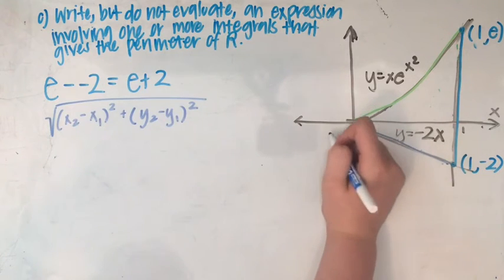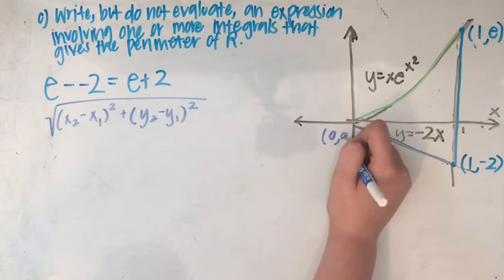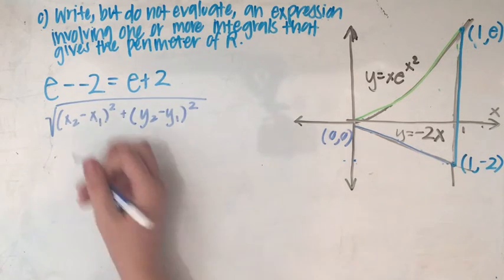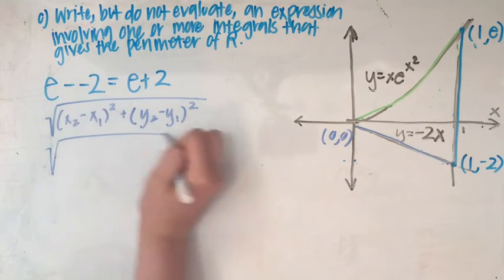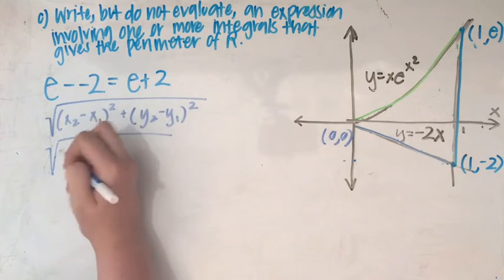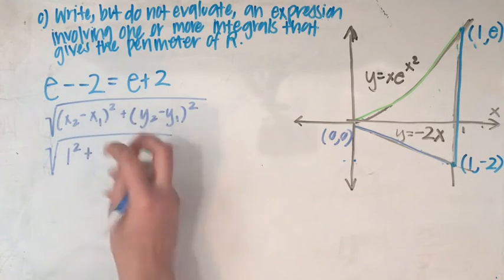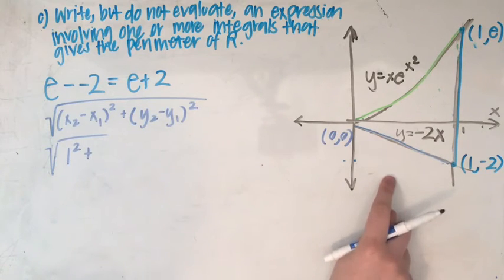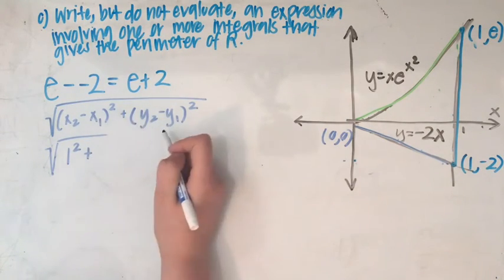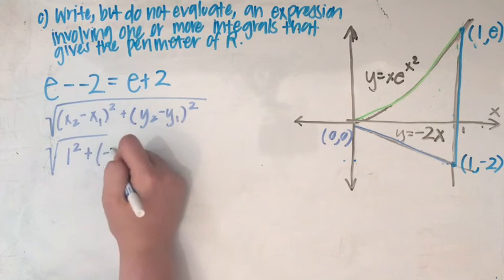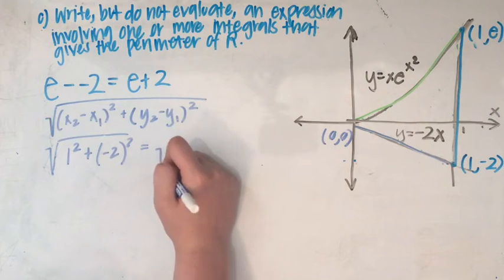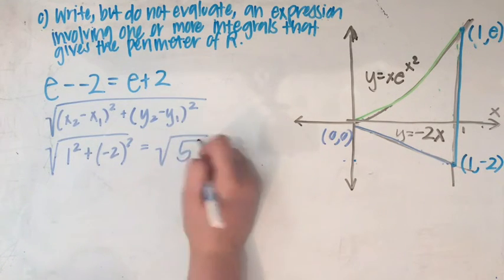Now we know this point is 0, 0, and this point is 1, -2, so we can easily find this. Our second x is going to be 1 minus 0, that's just going to be 1 squared, plus -2 minus 0, that's going to be -2 squared. This is going to be square root of 5.